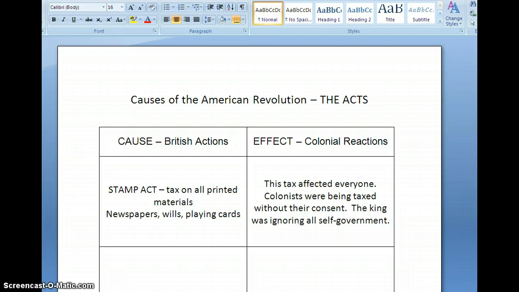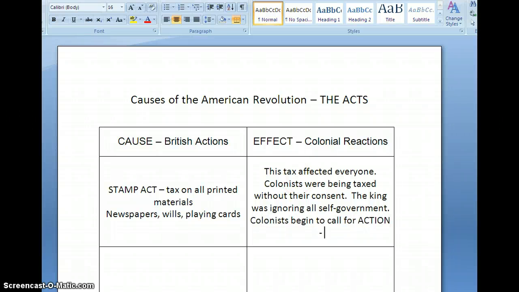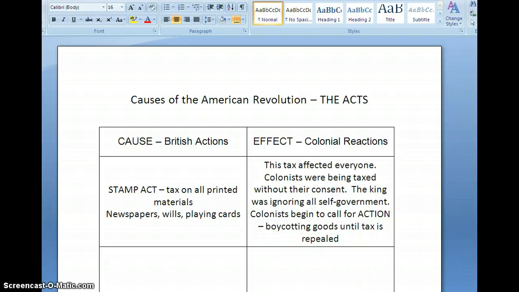Remember, the king was ignoring all self-governments, and the colonists begin to call for action. Action in boycotting goods until the tax is repealed. Okay? So they would boycott the goods. They wouldn't pay for those things until that tax is repealed.